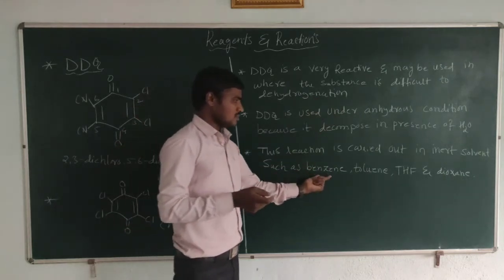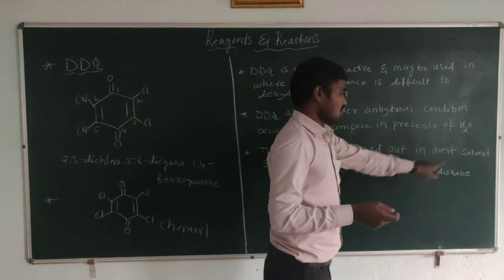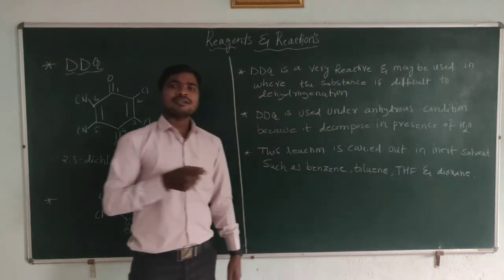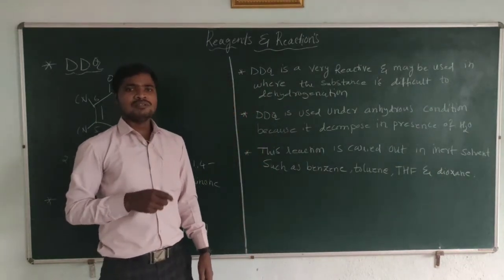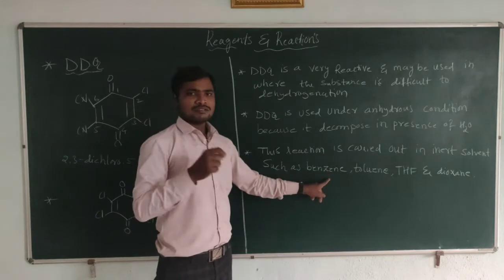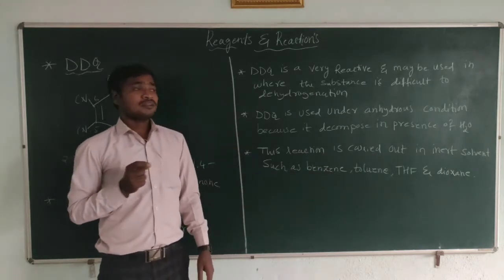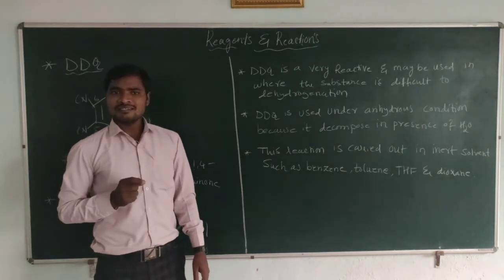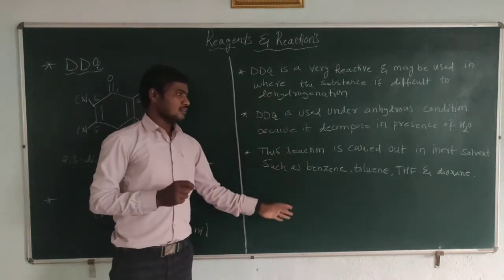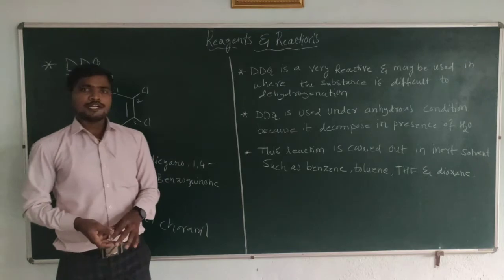So we use benzene, toluene, THF and dioxane. They are organic solvents that we use as the solvent medium in a reaction where we are using DDQ as a reagent. So these are the properties of the DDQ molecule.